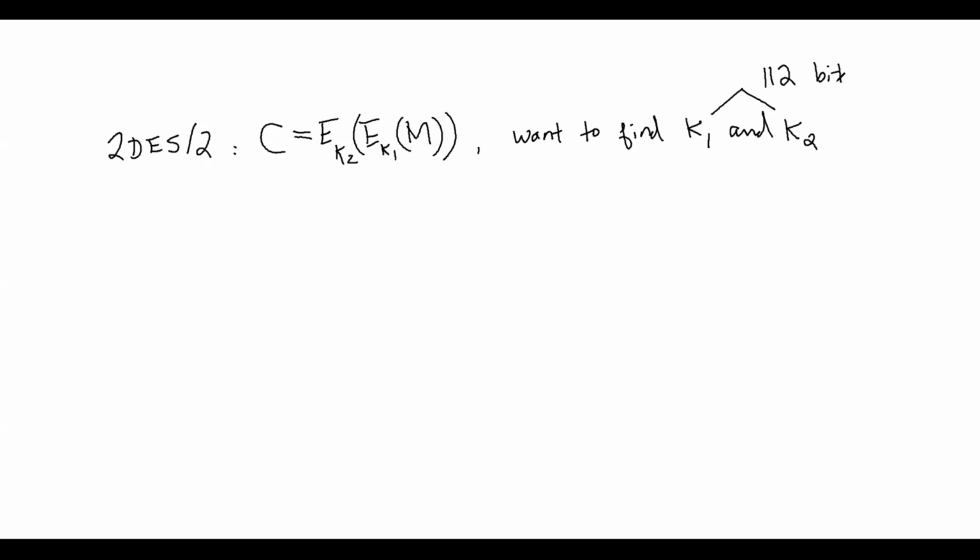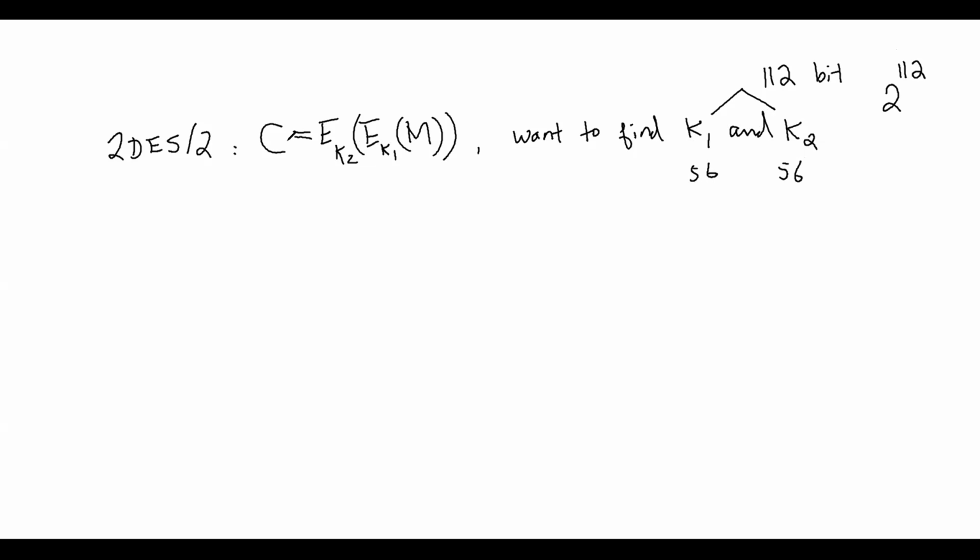So if you do brute force, in the worst case you have to do 2 to the 112th power trials in order to get K1 and K2. You get K1, that's 56 bits, and then you try another one, that's 56 bits for K2, and then using these 2 see whether you can break the system.